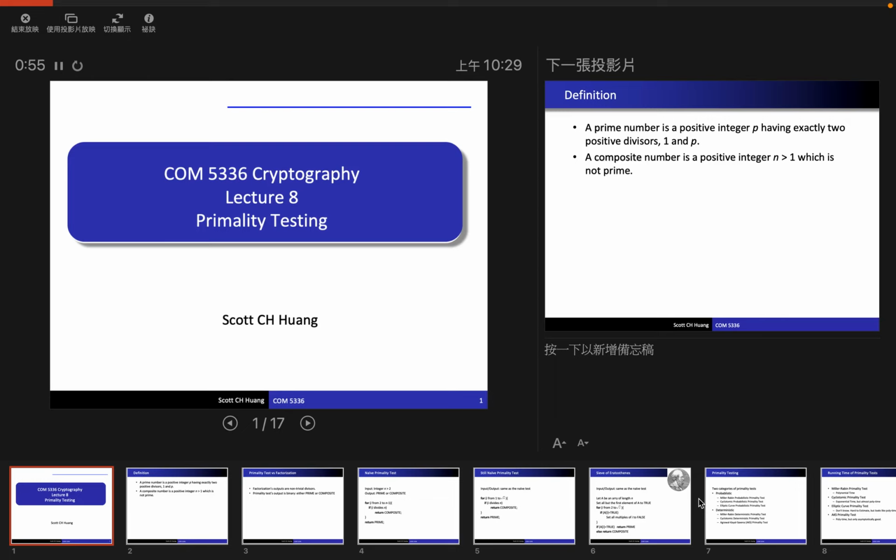It would be wonderful to design an algorithm that generates large primes directly, but to the best of our knowledge, we don't have such algorithms. In other words, there's no algorithm that directly generates large primes, not that we know of at this moment. So the algorithms are not generating primes. They are testing primes.